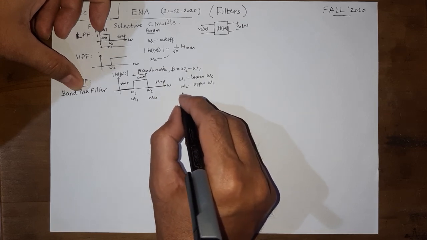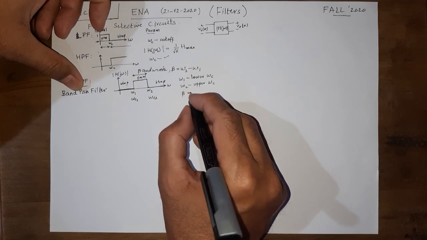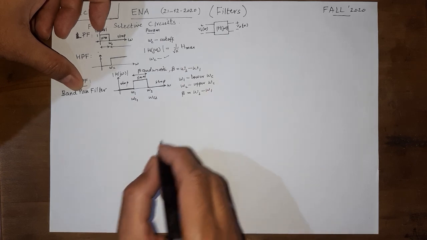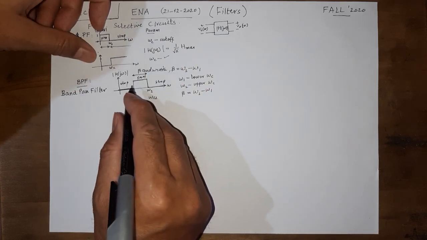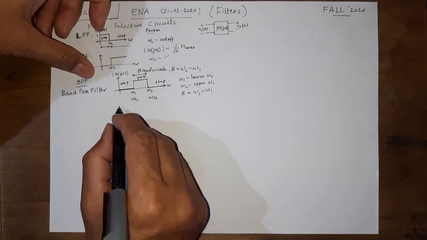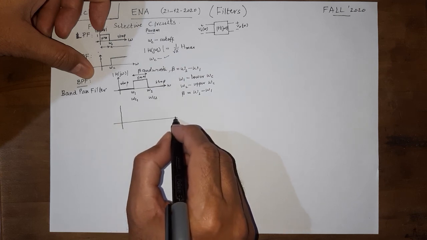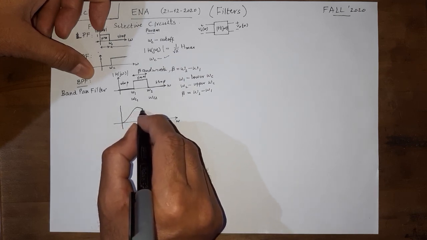And then there is this bandwidth, which is not an independent parameter, because if we know omega 1 and omega 2, then beta can be calculated as this. There is another parameter that is not very clear from this ideal band pass filter response. So for a practical band pass filter, we will have the magnitude response to be something like this.